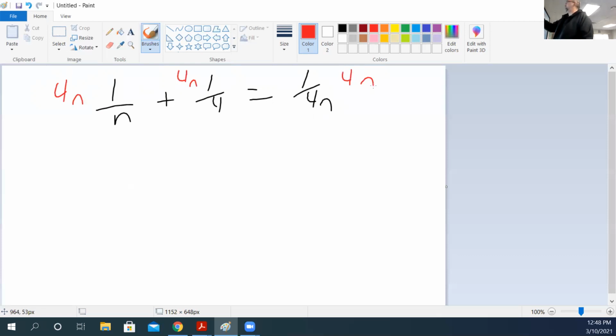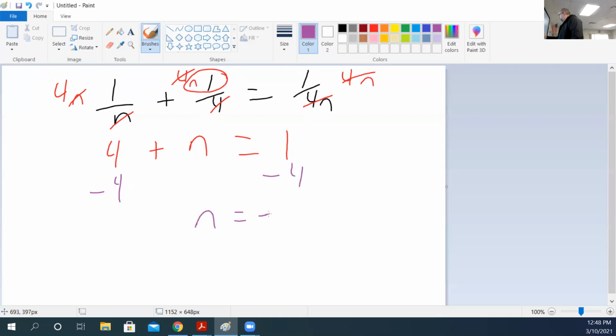On the far left, the n's cancel, and 4 times 1 is 4. On the next, the 4 cancels, so it's plus n, because n times 1 is n. And then 4n cancels 4n, so it just equals 1. Now all we have to do is subtract 4 from both sides. n equals -3, and we are done.